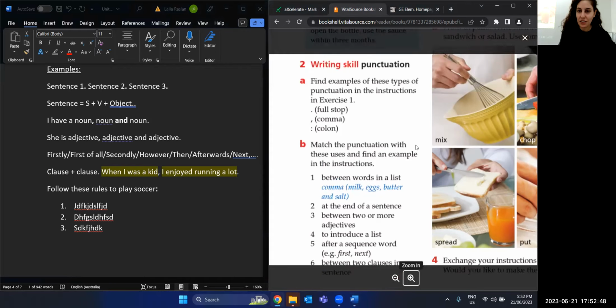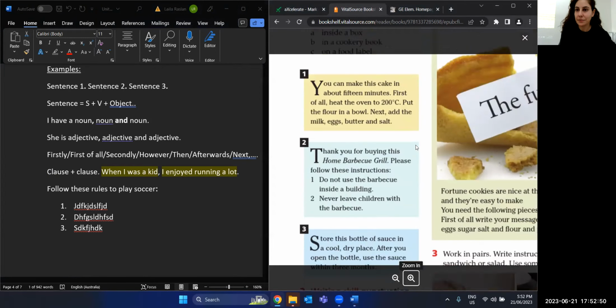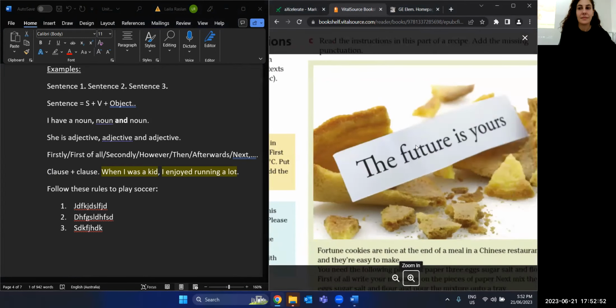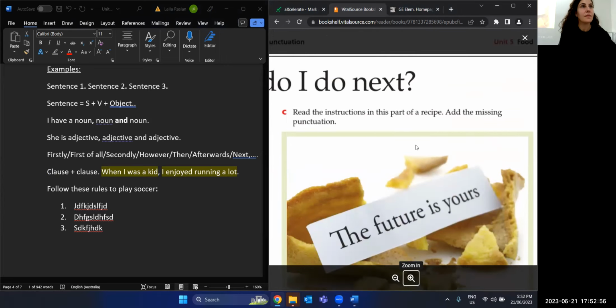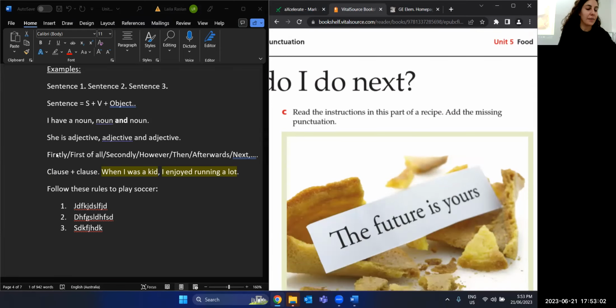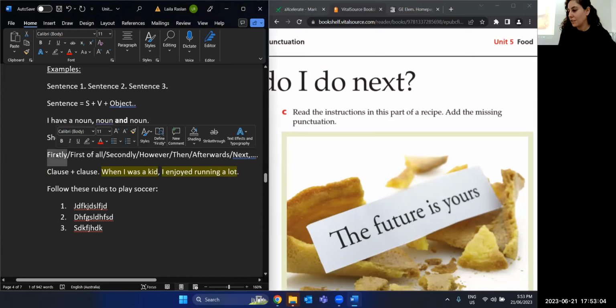Okay, let's go to the next part. Because it's a sequence word, if it starts a sentence, then you put a comma. If it's in the middle of a sentence, you don't need to put a comma.